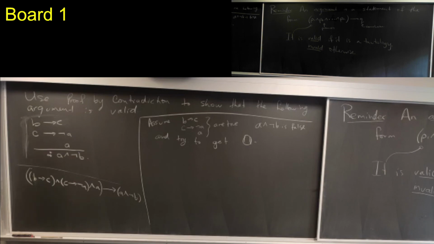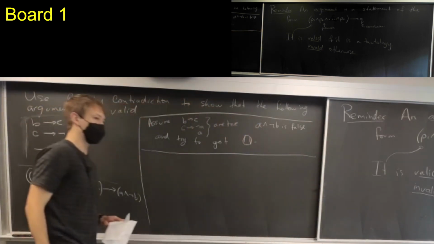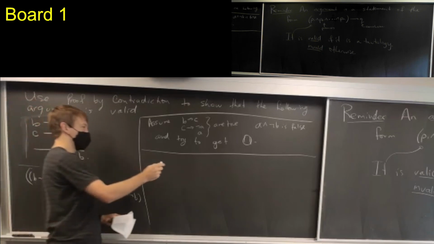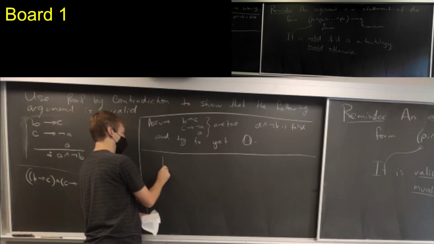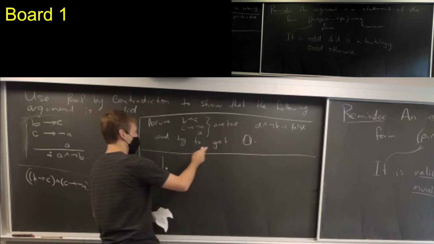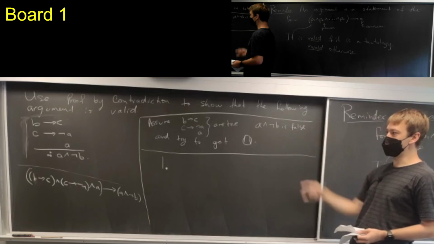Okay, so here's how I would suggest formally doing this. Remember, we have these line-by-line arguments. So for your first line, line 1, we need to not forget to take the conclusion to be false. So let's do that first.